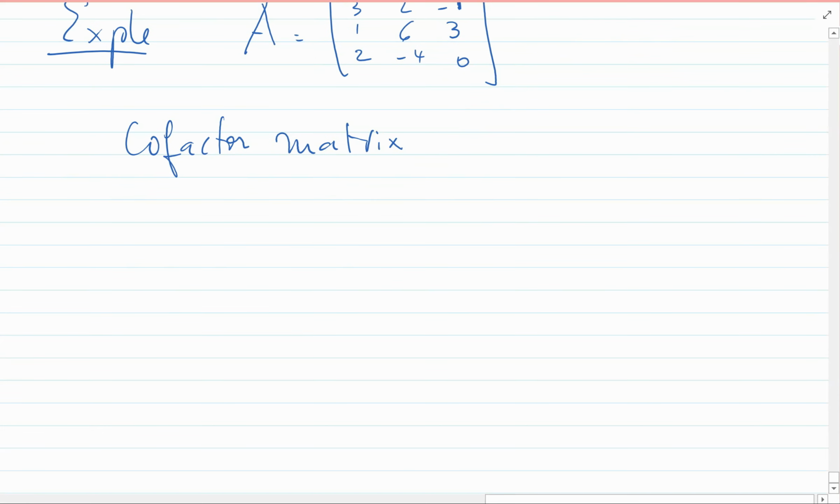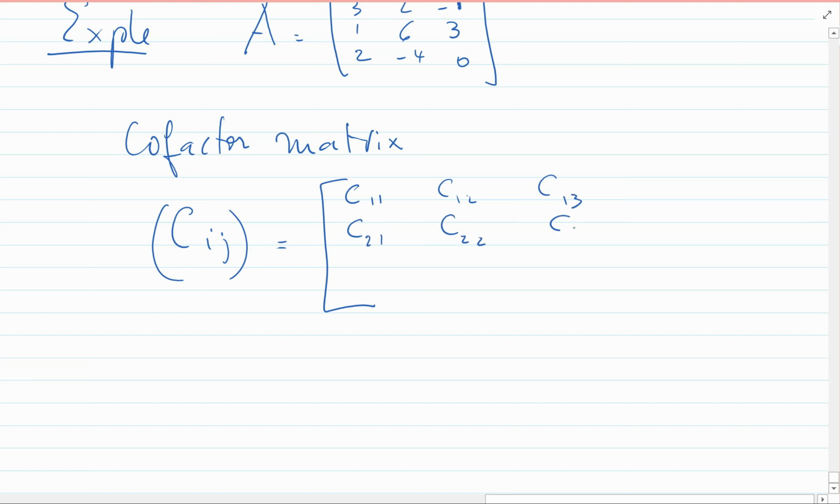So here, what do we have? Cij equals C11, C12, C13, C21, C22, C23, C31, C32, C33. So remember that you do have that plus or minus, okay?